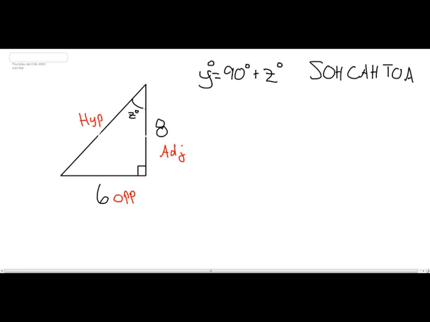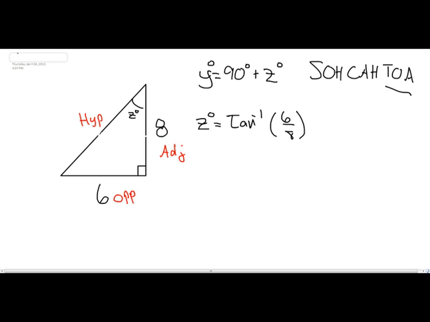That means I'm going to use an inverse function. But which inverse function? Well, the opposite and adjacent side are known, so once again, I'm going to be using the inverse tan. So angle Z is equal to the inverse tangent of opposite over adjacent. So in this case, it's 6 over 8.